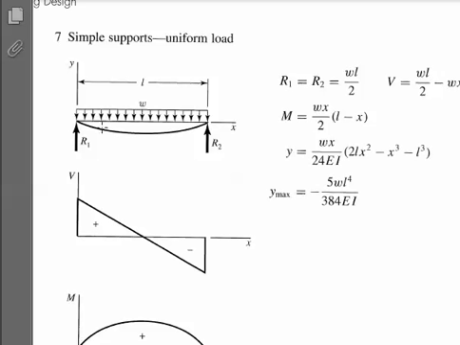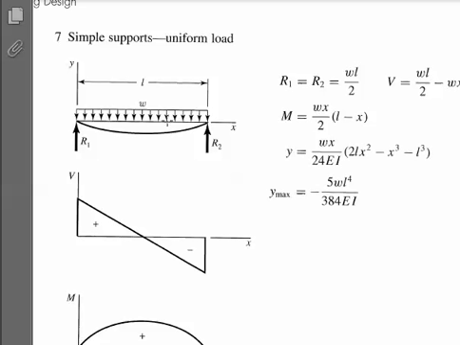Let's go take a look at the solution, but realize when we put the dummy load Q here, we are going to have to do statics on one side or another. Since this is a purely symmetric problem with Q in the middle, reaction 1 and reaction 2 are going to be equal to each other, and reaction 1 has to hold half of the total distributed load and half of Q. So we'll have that statics done.